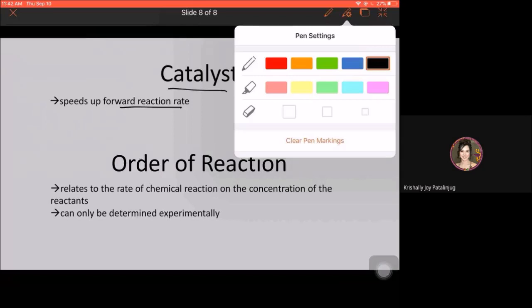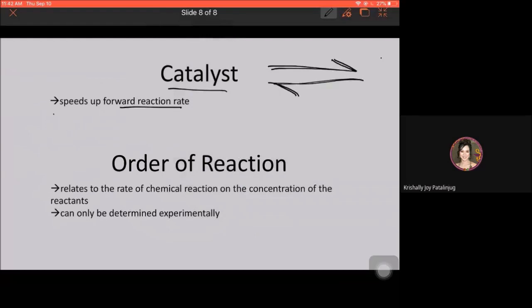Okay? And take note, catalyst, unlike other factors na na-discuss natin, it is never consumed in a reaction. Okay? Hindi mo pwedeng sabihin na you increase, you decrease the catalyst. So, hindi siya nako-consume in the reaction. Okay? So, ano yung example ng mga catalyst?